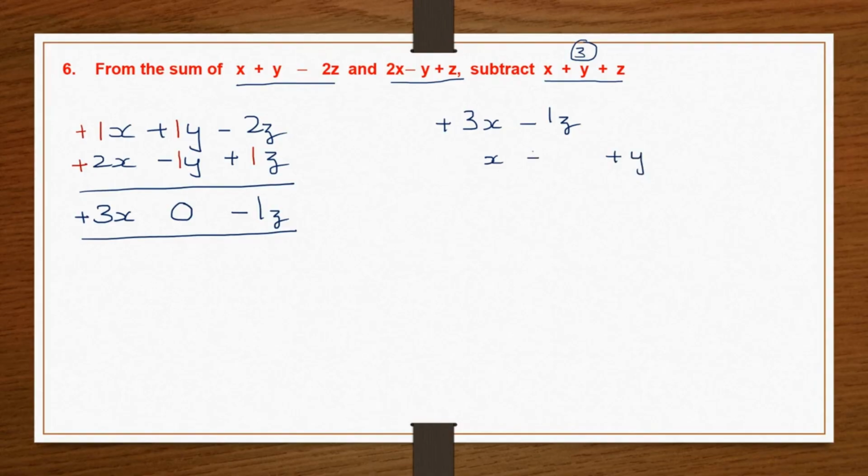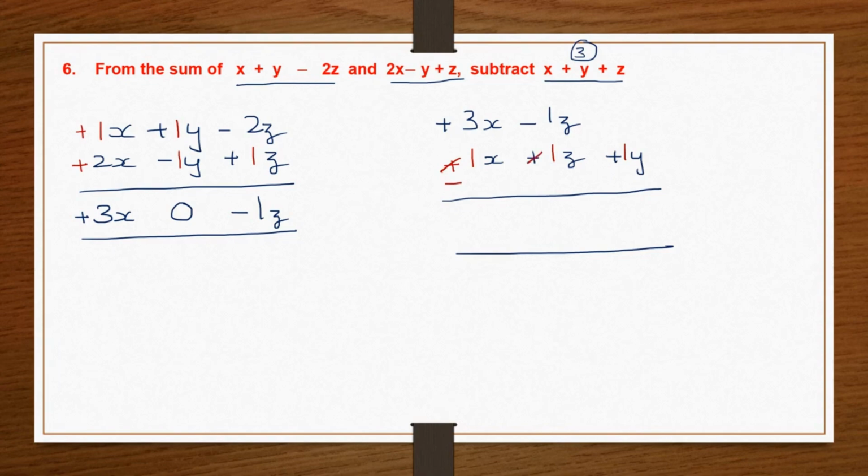Plus z, we'll write it here. Okay. Now we are going to subtract this. So before subtraction, first let's fill in all the details. So this is plus 1x, plus 1z and 1y. Now the signs of all these terms in the second row will change. Plus becomes minus, minus becomes plus.